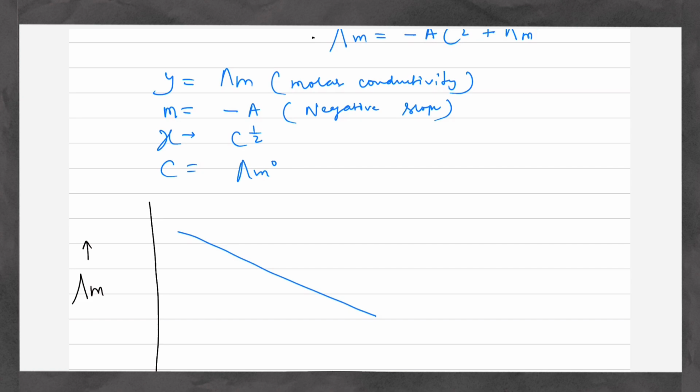It is cutting the y-axis. Intercept means the point or value on the y-axis.